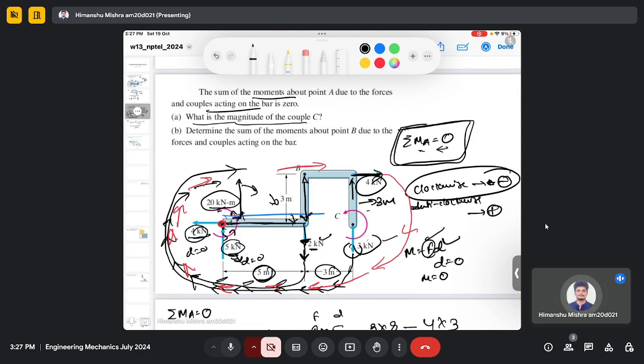Now in the second part of the question we are asked to determine the sum of moments about point B due to the forces and couples acting on the bar.